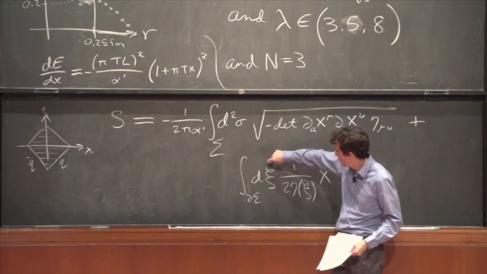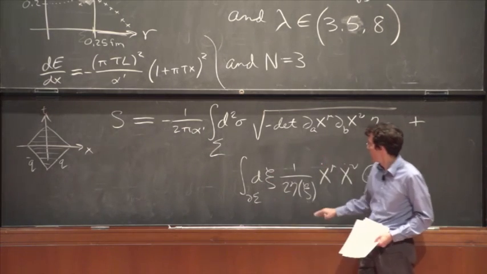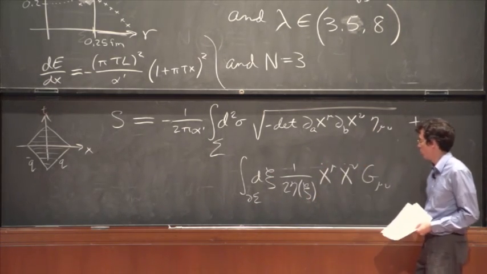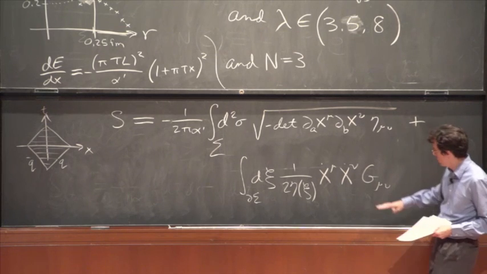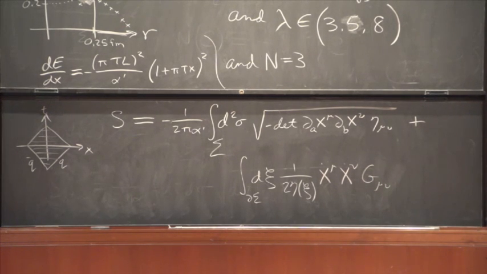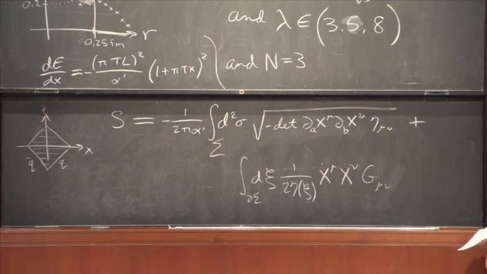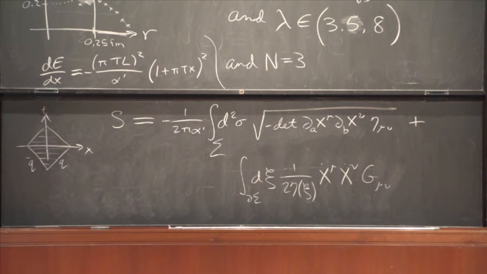Psi is some arbitrary variable which is parameterizing the boundary of the world sheet, and eta of psi is a corresponding metric for that parameterization of the boundary. Anyway, this term is a nice traditional term for a massless particle. And the funny thing is that I claim in the most natural gauges that you need to include this term in the description of the string physics, the classical string physics.